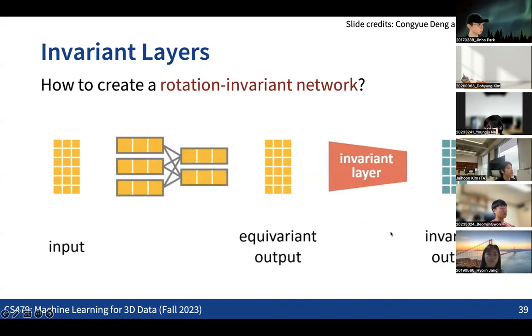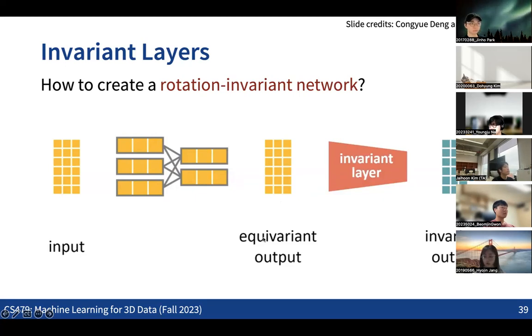So one last thing is how we can also make a rotation invariant network, right? These are all the ideas for achieving rotation equivariant architectures, right? Based on that, we can simply make a rotation invariant architecture as well, by having just one single layer that gives the same output, which is agnostic to any rotation that we apply to the input.